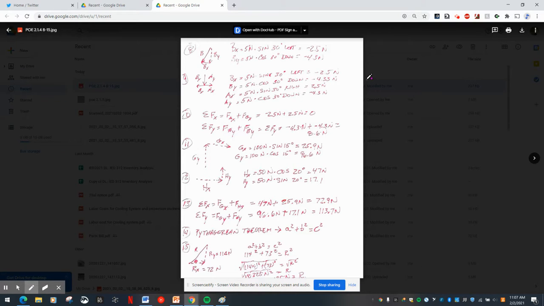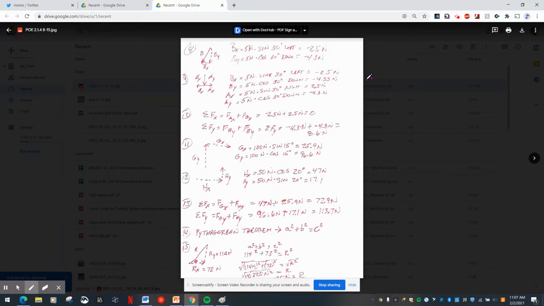Okay, so therefore BY, which is adjacent to the angle, is going to be a cosine. So we have BY is equal to 5 newtons times the cosine of 30 degrees, and it's going down. So that'd be negative 4.3 newtons.